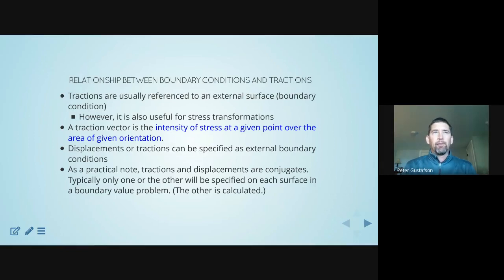If I did, I may actually be over-constraining the problem. In all cases, when you have a solution, you have the ability to compute both displacements and tractions on those surfaces, but it would be rare that both would be given as part of the problem statement.